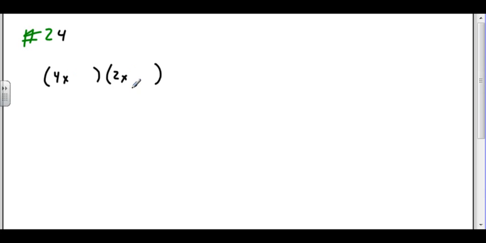Then if I go 7 times 3, 7 times 3 minus 7 plus 3. Okay, so I got a minus 21 minus 14 plus 12 gives me the minus 2x. Okay, so I got that factored. Then we'll factor the next one.